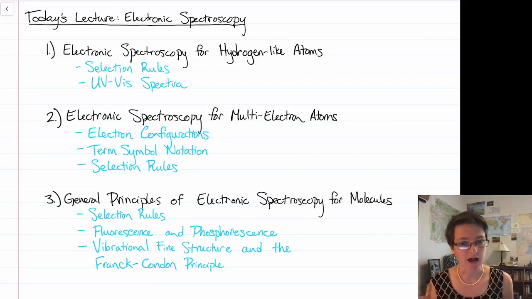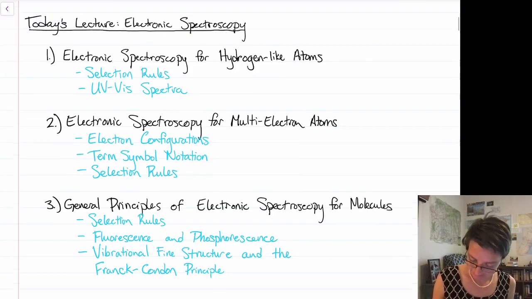So we'll talk about how the electron configurations that we learned about in general chemistry relate to spectroscopy notation called term symbols, and how that helps us depict electronic wave functions for entire atoms. And once again, we'll discuss briefly what selection rules are associated with these transitions.